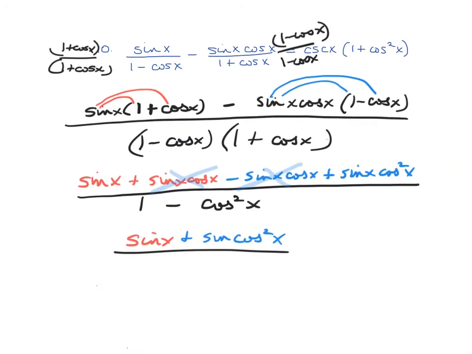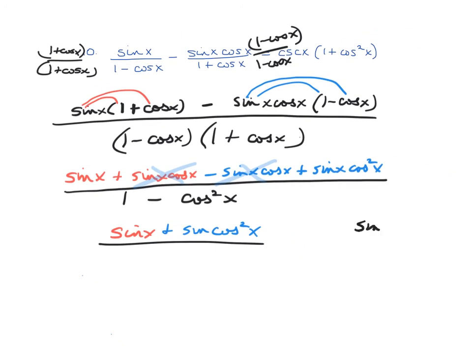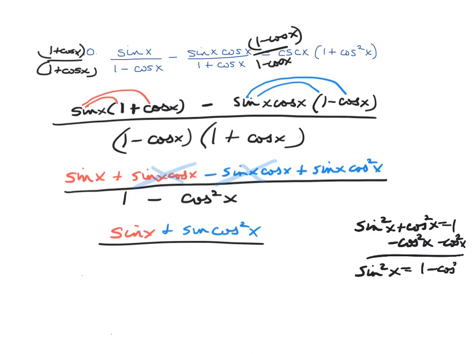So the identity here, again, is sine squared x plus cosine squared x equals 1. I'm going to solve for sine squared x by moving cosine over. So sine squared x equals 1 minus cosine squared x. So that's what I'm going to replace the bottom with. Sine squared x over here.